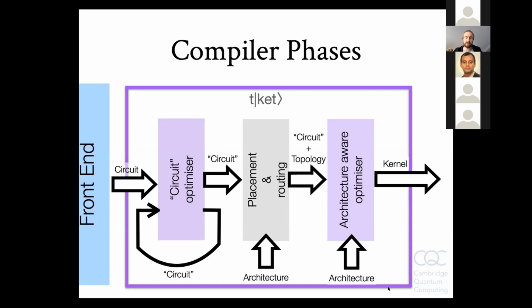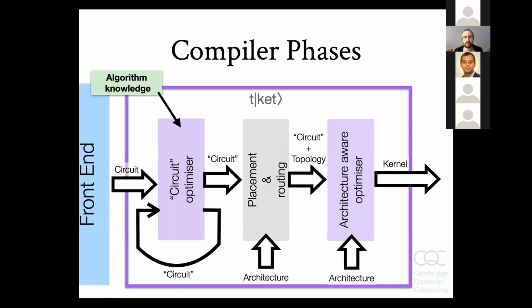So it maps the circuit you wanted onto the shape of the computer. And then we do a final cleanup pass of optimization, again, with knowledge of the architecture before we send that for execution. And the thing which is actually sent off for execution, we call the kernel, in analogy with GPU programming. And that kernel is, of course, living inside this bigger hybrid algorithm in almost all cases.